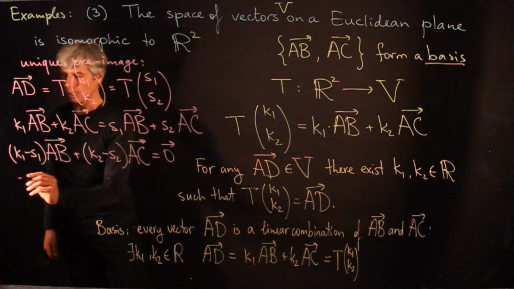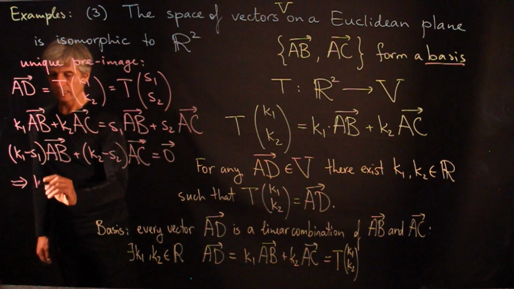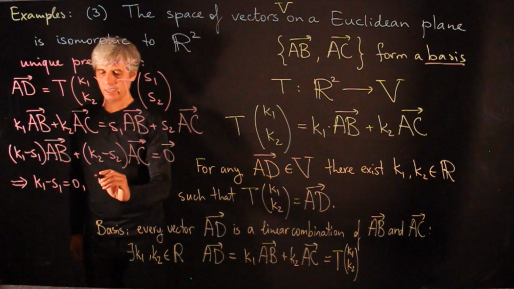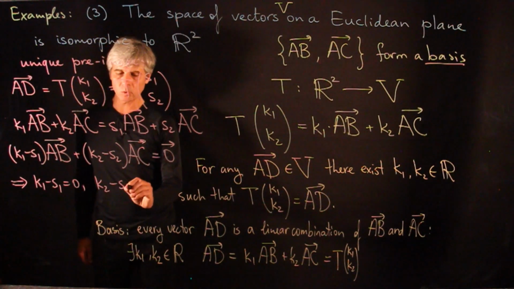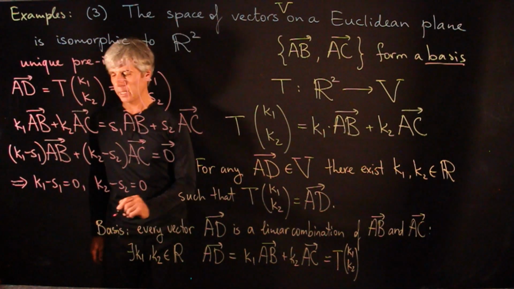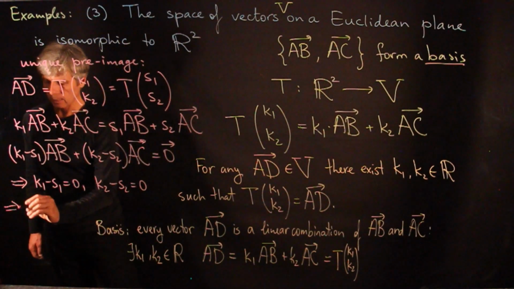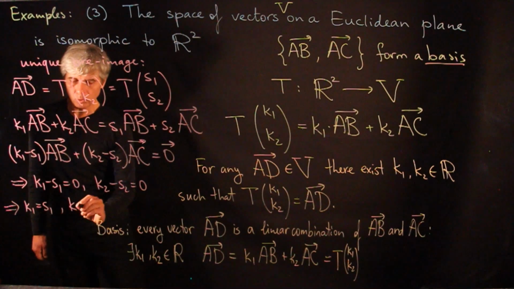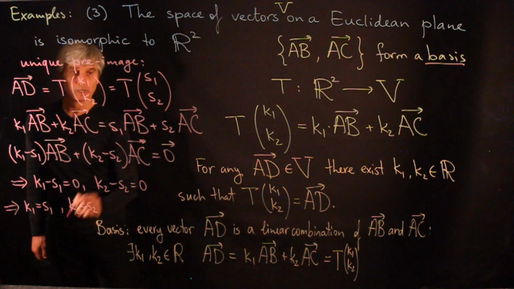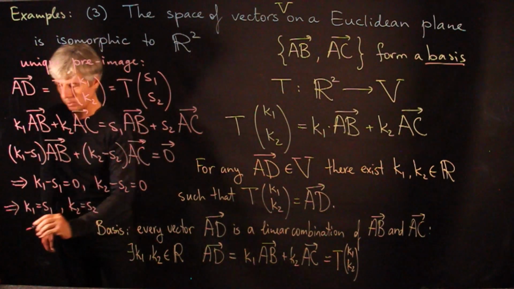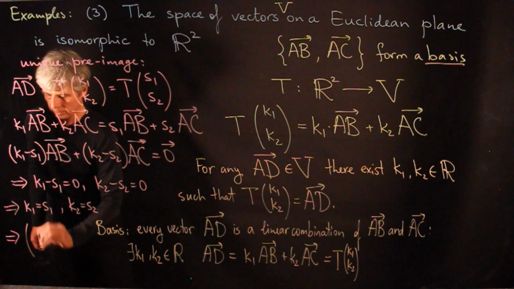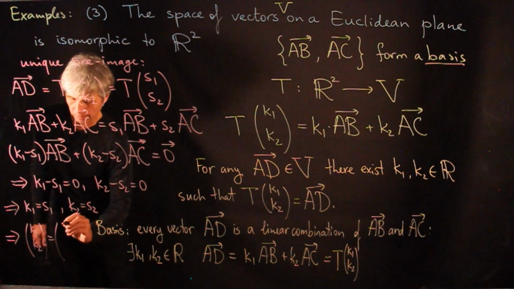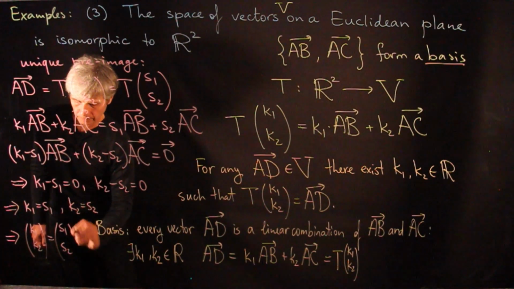So from here, we conclude that K1 minus S1 is equal to 0, and K2 minus S2 is also equal to 0. That means that K1 is equal to S1 and K2 is equal to S2. So these two vectors are equal: the vector K1, K2 is equal to the vector S1, S2.